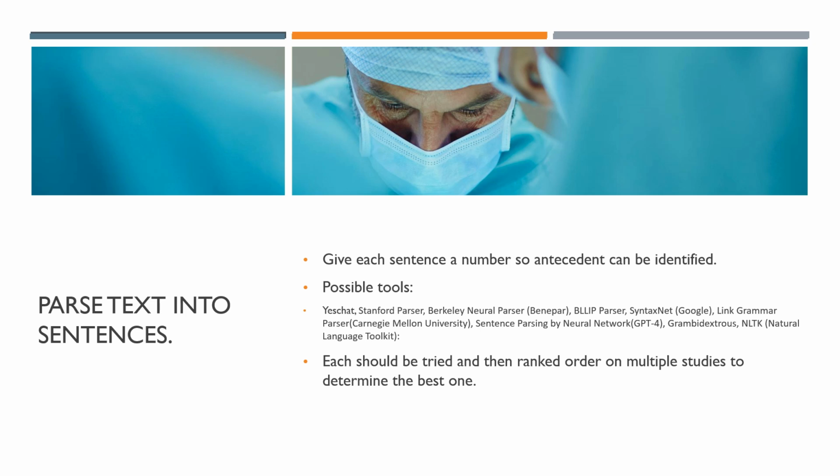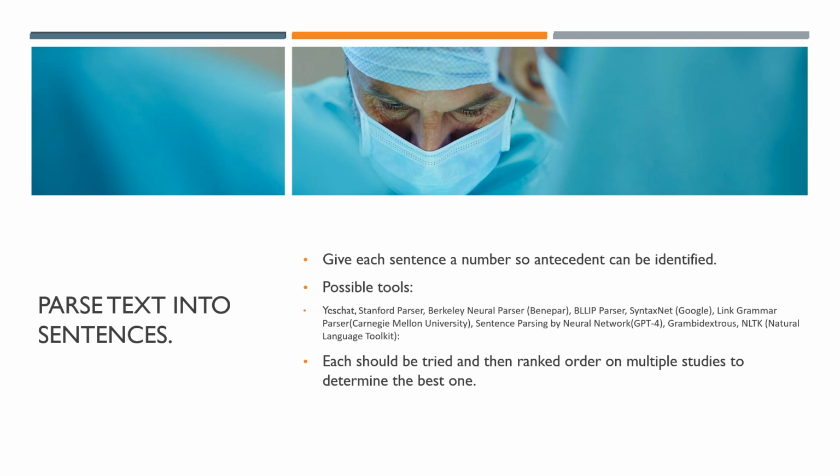So the next stage is, when you're parsing the sentences, you should give each sentence a number so the antecedent can be identified. If sentence 65 makes reference to something earlier, and it uses the word it or another antecedent, or the previous studies, you need to go back and sort it out. Since the antecedent would be at a lower sentence number, you want to have a number.